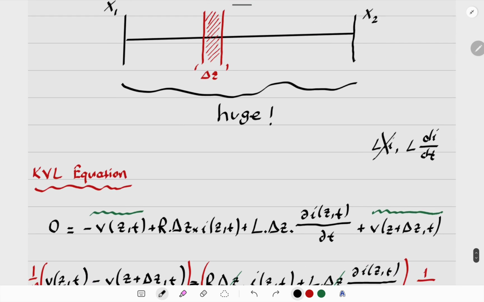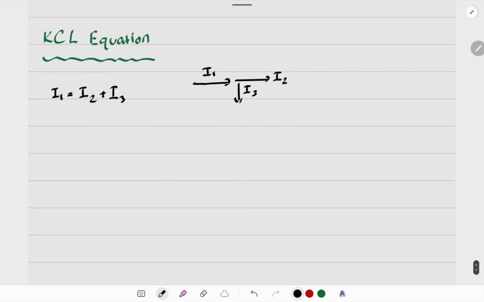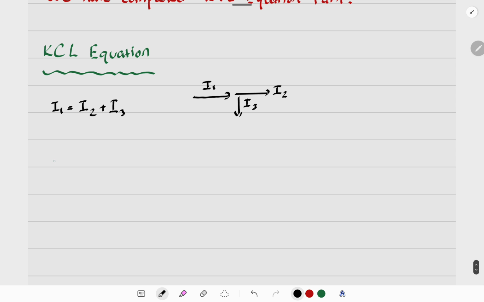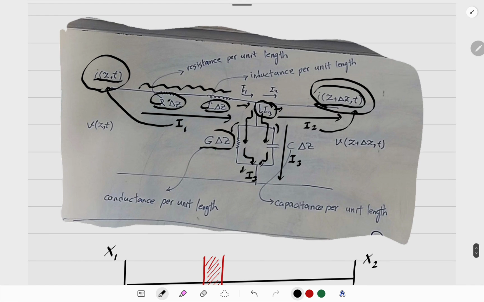For I1, let's remind that I1 is I(z,t), I2 is I(z plus delta z, t), and let's go for I3 again. I3 is combining these two, the capacitor and conductance.